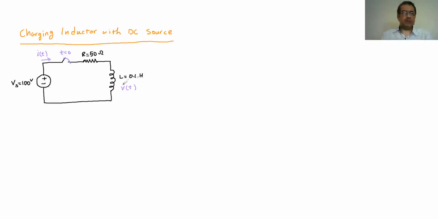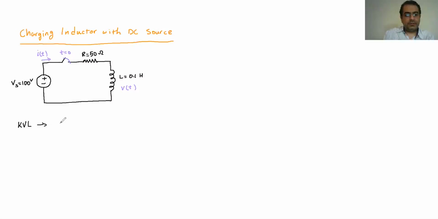In that transient time, what would happen? I was talking about this before: the very first step is that we need to write the KVL or KCL, depending on what we need to do. In this case, I'm going to write the KVL.